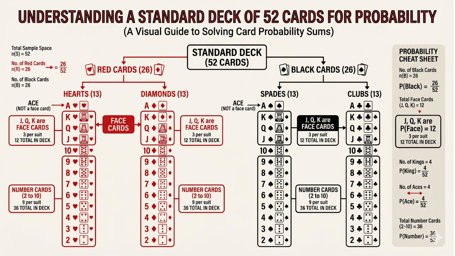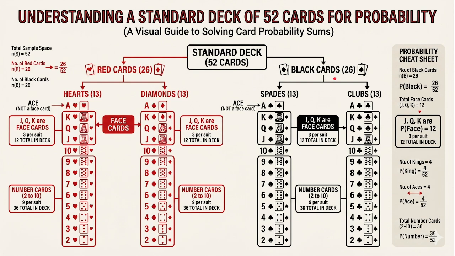Let us see how the card game is structured and understand the way in which the cards are categorized in the game. A standard deck has 52 cards. The 52 cards are broken into two groups, red and black. Exactly half are red and half are black.